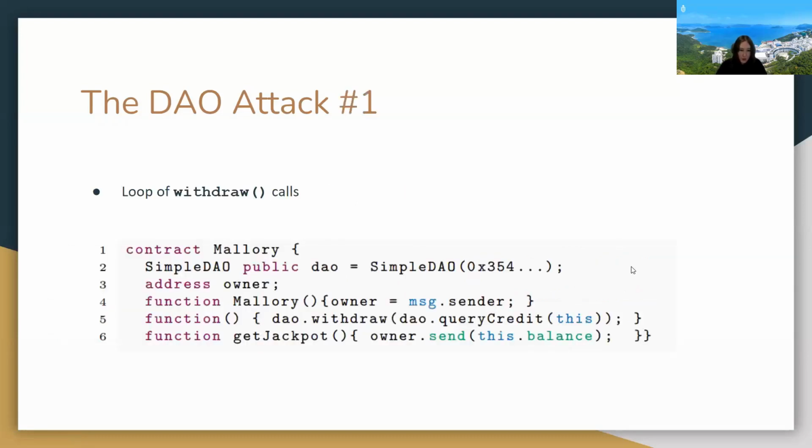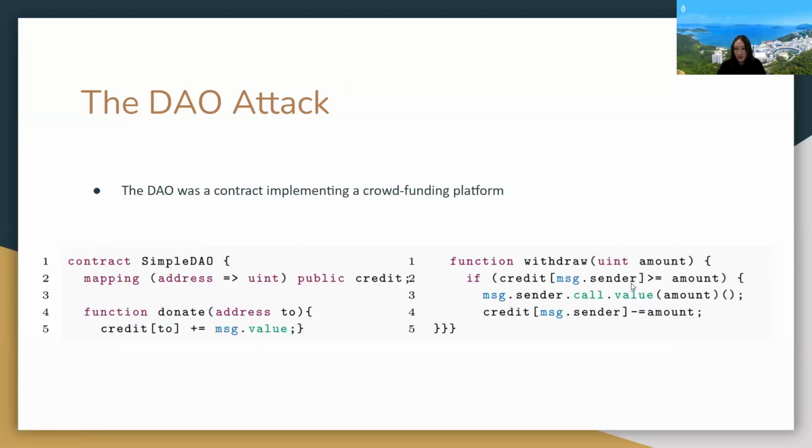The problem is that we decrease the value of the credit only after we send the ether. However, we should first decrease the amount and then transfer ether. In this way, in the next loop invocations, the credit of the message sender would be less than the amount, and we cannot steal all the ether from the contract.